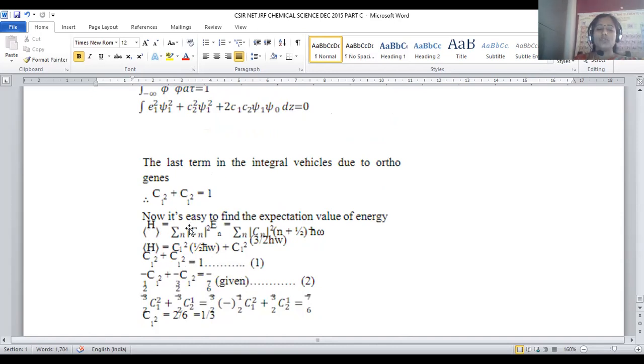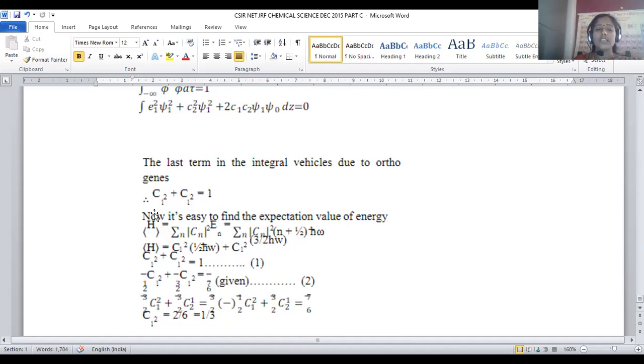The expectation value of the Hamiltonian operator is equal to sigma n mod Cn square En, which is sigma n mod Cn square into n plus half h cut omega. This is the formula to predict the Hamiltonian expectation value. Then it is given by C1 square into 1 by 2 h cut omega plus C2 square into 3 by 2 h cut omega.